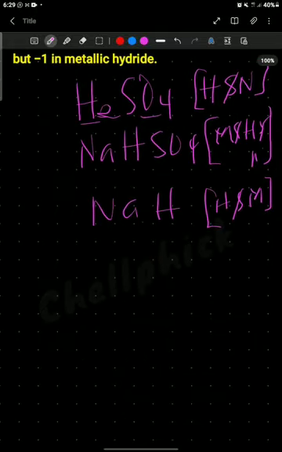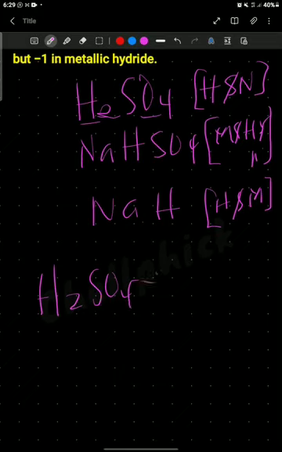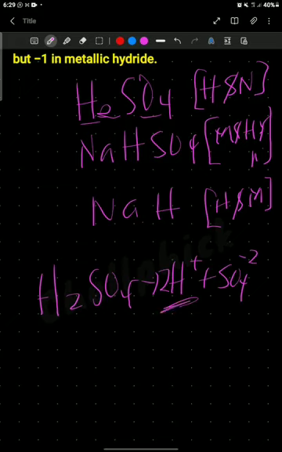For example, if I dissociate H2SO4, it produces 2H+ and SO4 2-. That tells us that hydrogen is behaving like a metal. So when hydrogen is reacting with a non-metal, hydrogen will behave like a metal to the non-metal.